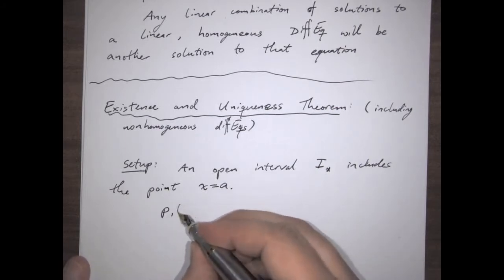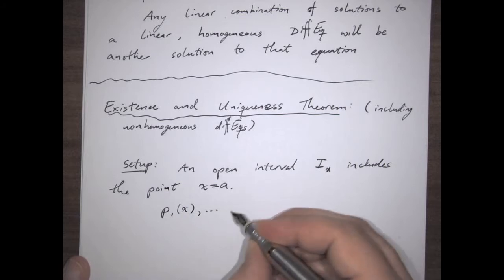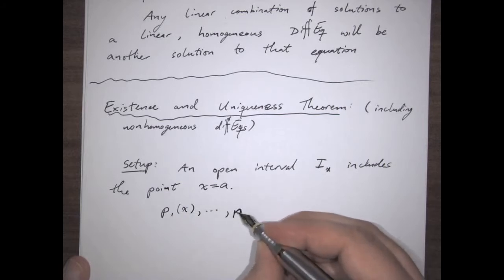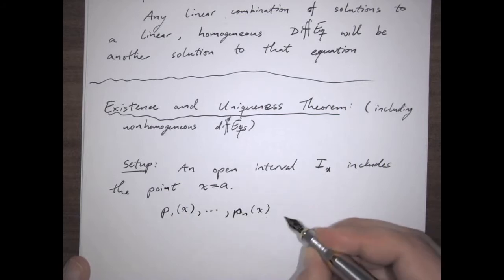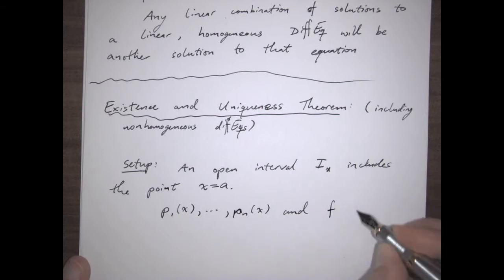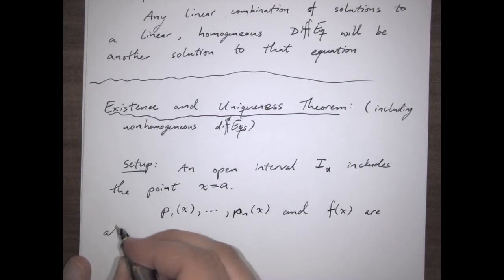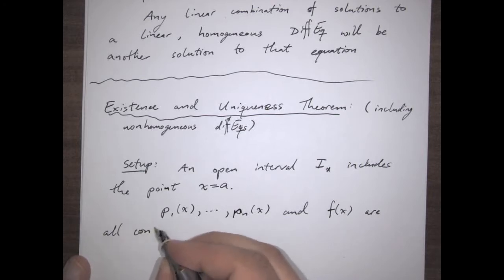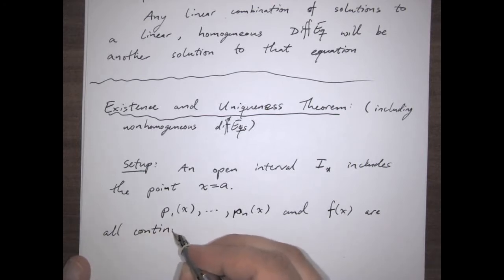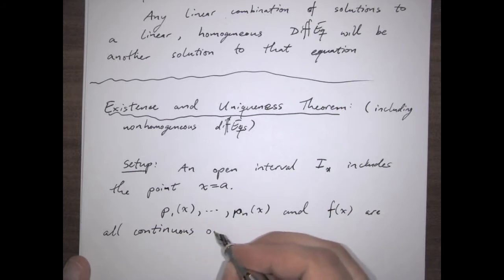Now p1 of x up to pn of x and f of x are all continuous on that interval.